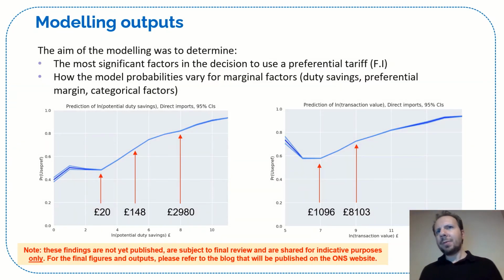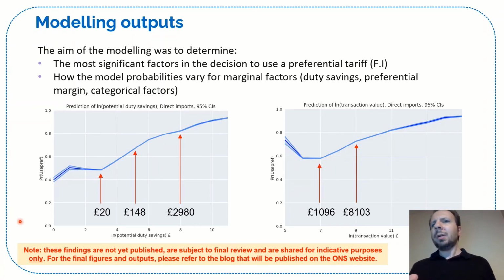I will now present the results of the predictive analysis of our model. And I would like to mention that these results were obtained using the gradient boosted trees classification algorithm, because it gave us the highest accuracy. So the purpose of our analysis is to determine how certain key factors affect the utilization of preference tariffs.